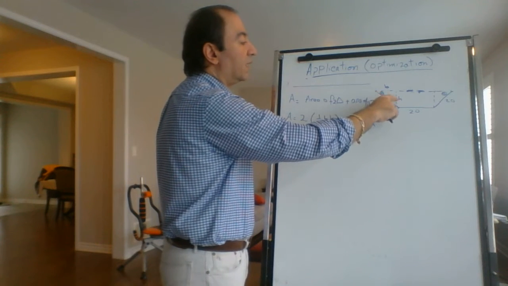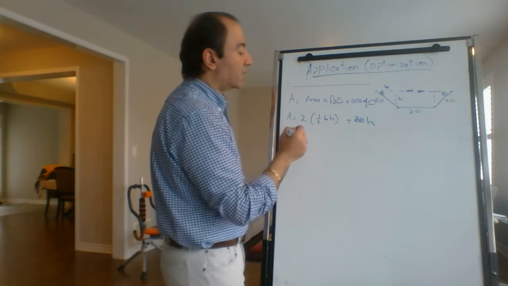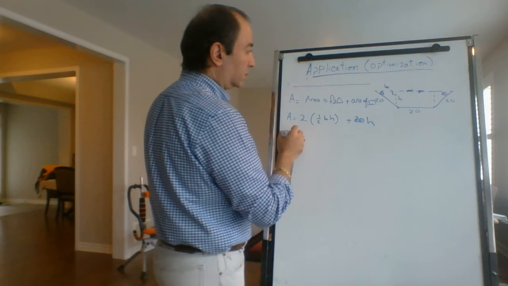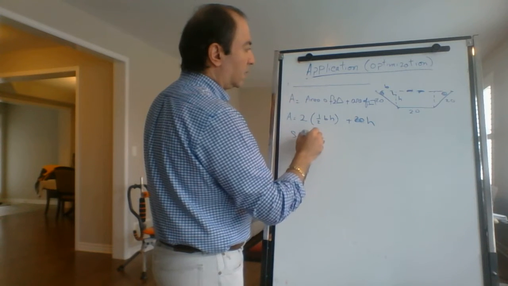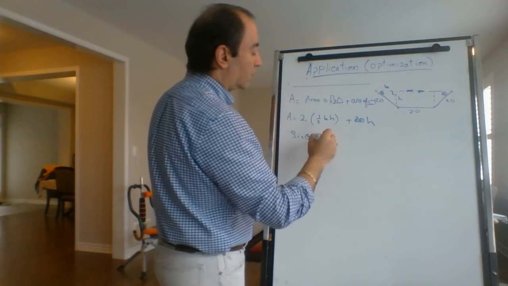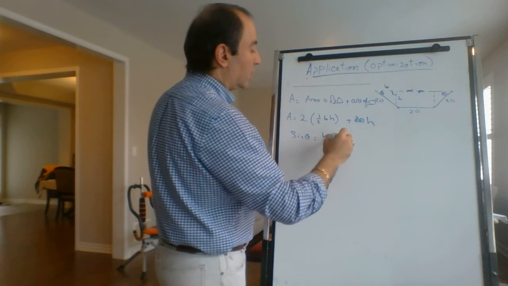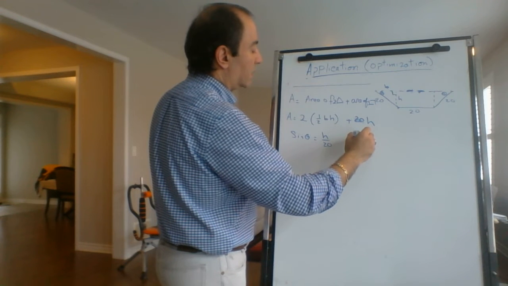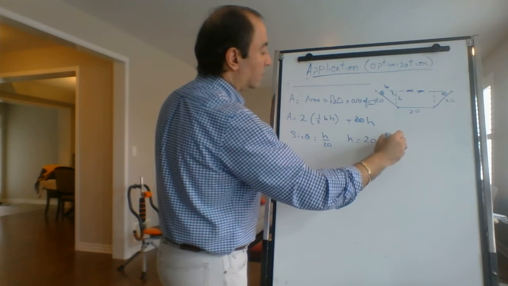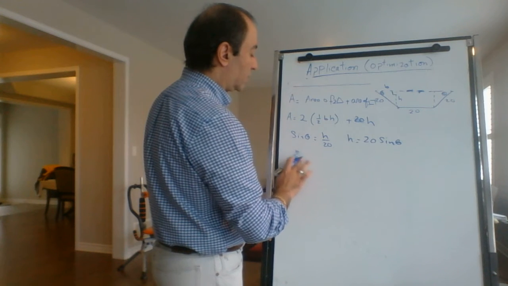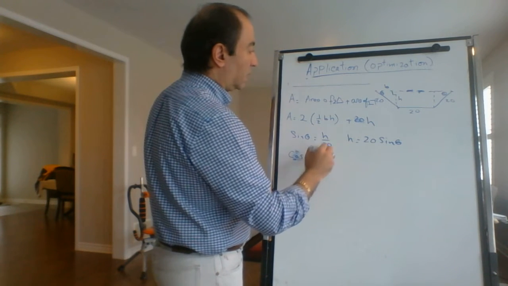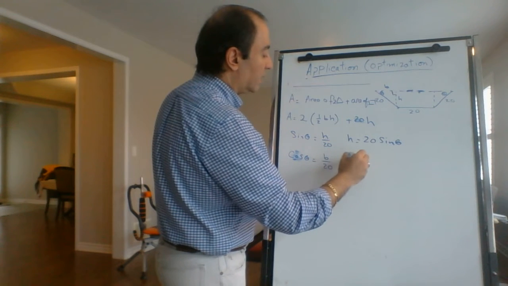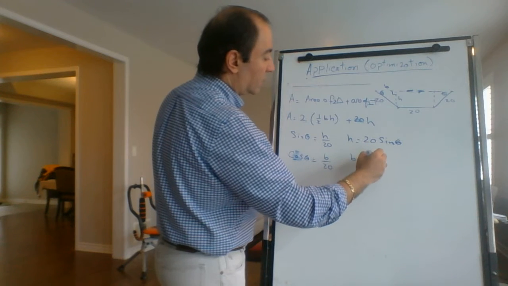In this right triangle, sine theta equals h over 20, so h equals 20 sine theta, and cosine theta equals b over 20, so b equals 20 cosine theta.